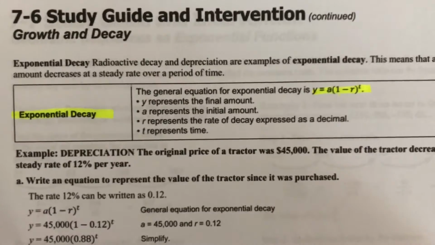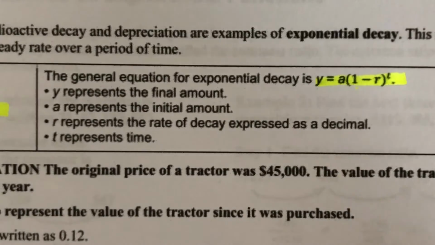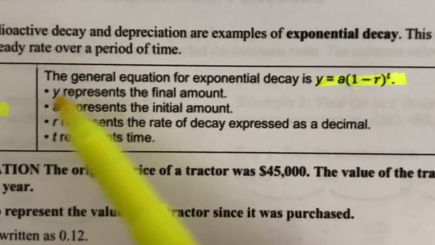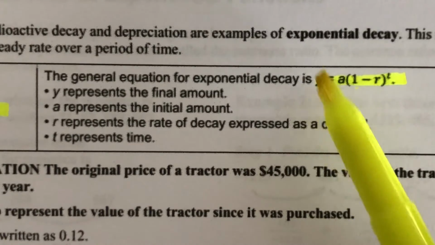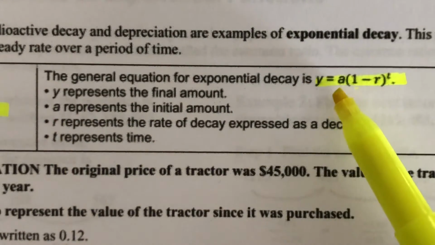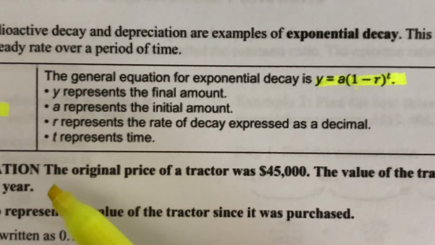Just as a quick review also, let me zoom in a little bit here. Each of these variables in the formula represents something specific. So y is the new amount that we're searching for, right? A is the initial amount that we start with. R is the rate of change, and it's going to be given to you usually as a percentage.